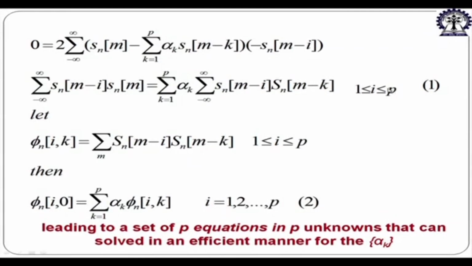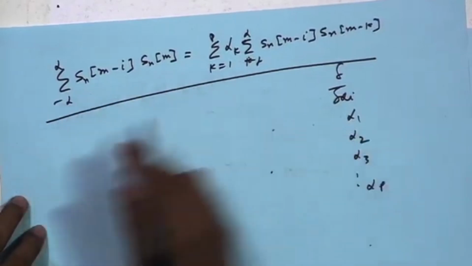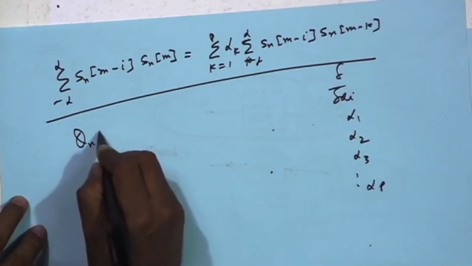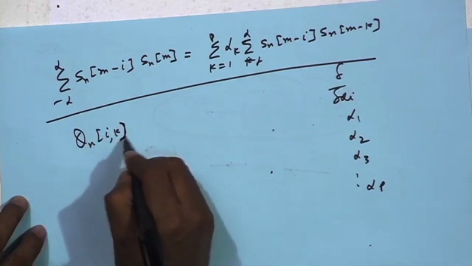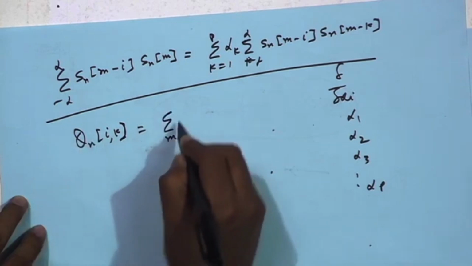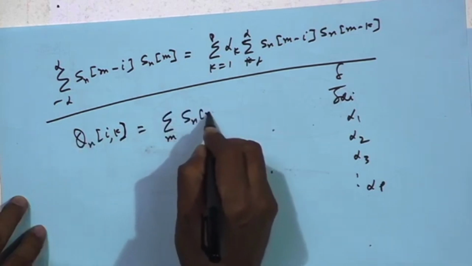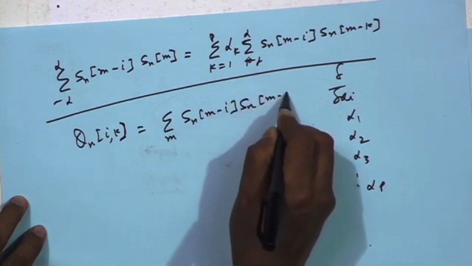So, now this is my equation, then I can write it in matrix form. Let us write phi n I k is equal to the sum over m of S n m minus I S n m minus k.